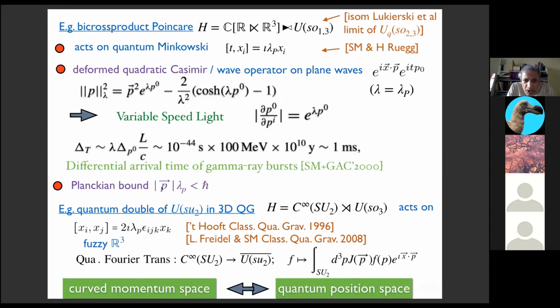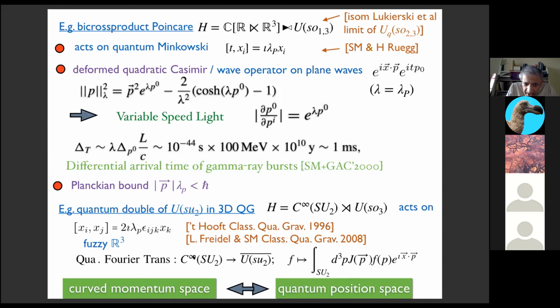Now, more interesting perhaps, or a different stream of thought that fits in exactly the same way, is 2+1 quantum gravity. 't Hooft was the first person, I believe, to speculate that in 2+1 quantum gravity, well, Euclidean 3D quantum gravity, there should be some kind of model of position space, in which you recognize that this algebra is actually the angular momentum algebra. We call it fuzzy R^3, but it's regarded as coordinates.